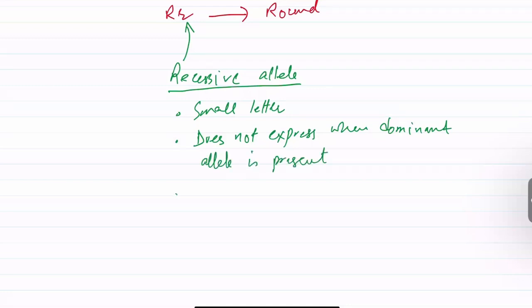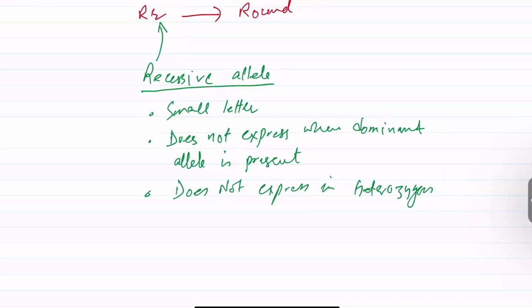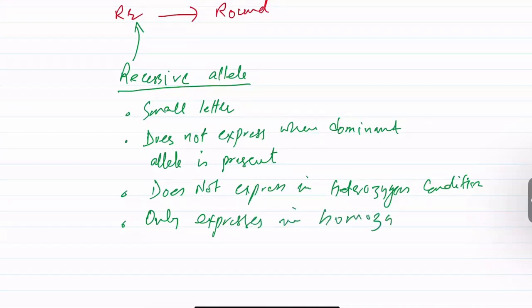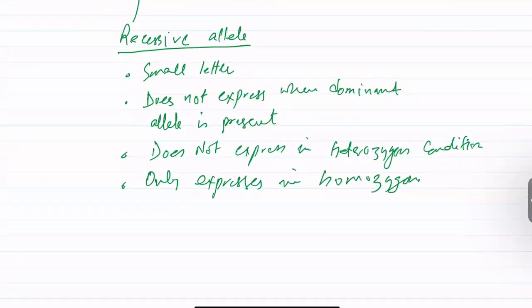Or you can say it does not express in heterozygous genotype or heterozygous condition. So it only expresses in homozygous condition or genotype. So this would be R small R small. So that would be wrinkled only.